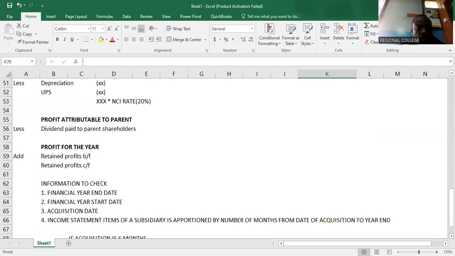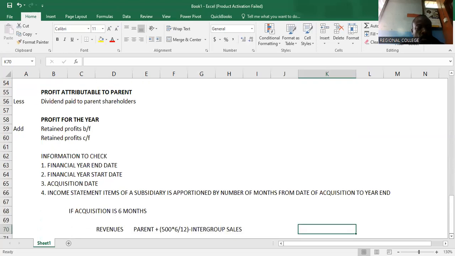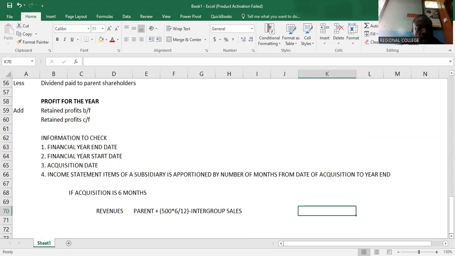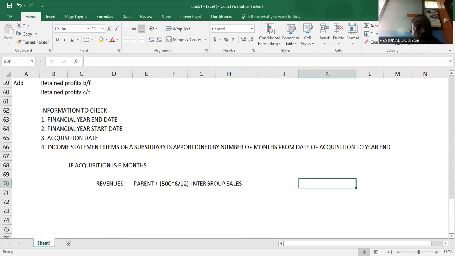Then you remove the dividends to the parent. You get profit for the year. Then you combine the profit at the beginning of the year in that account. Then you get your retained profits carried forward. Then you check the financial information, which is more important because that one will help you to not go wrong when adjusting the subsidiary items.